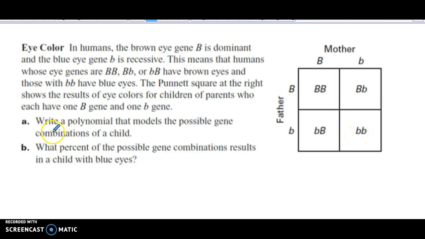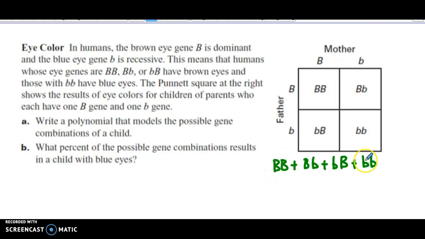If we need to write a polynomial that models the possible gene combinations of a child, then we can take these products and we can add them together. Okay, so as we look at our combinations, we have brown brown plus brown blue plus blue brown plus blue blue.